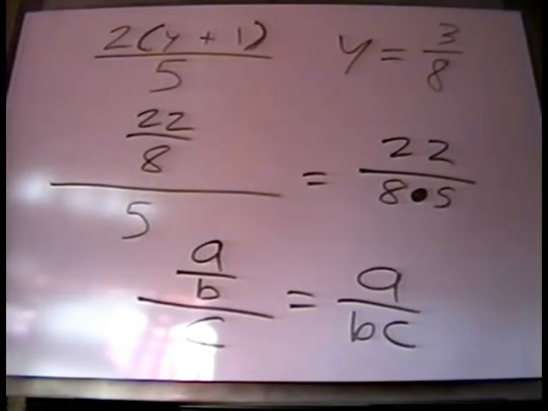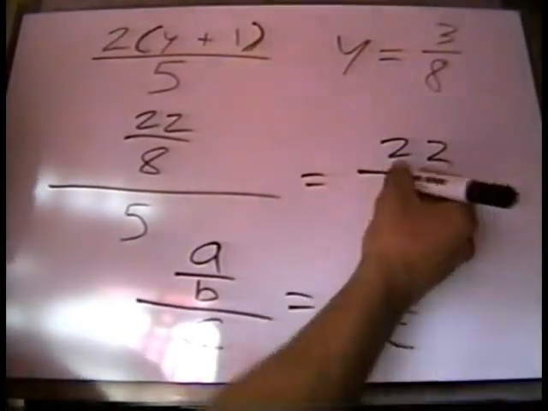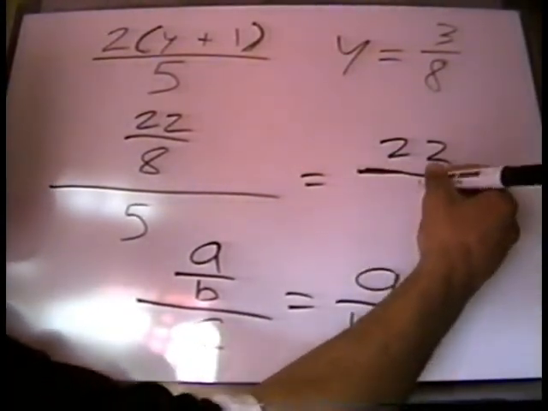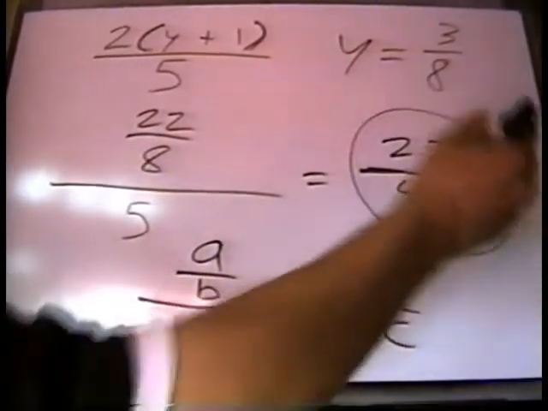You get 22 40ths. Okay? And that is your final answer for that.